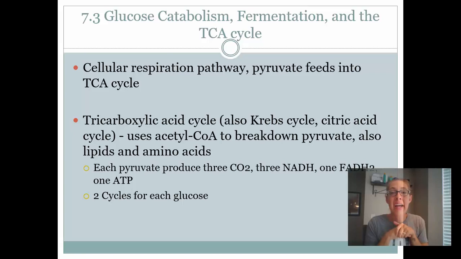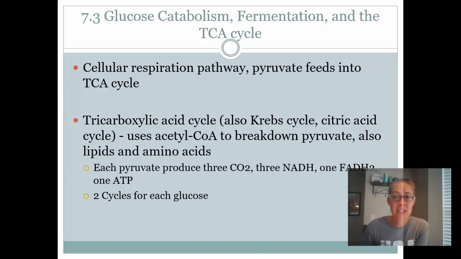We also have another electron carrier that wasn't mentioned in section 7.2 but is mentioned here. So FAD will be reduced to FADH. These are both electron carriers in their high energy states because they have picked up electrons through a series of steps that works to break down pyruvate.